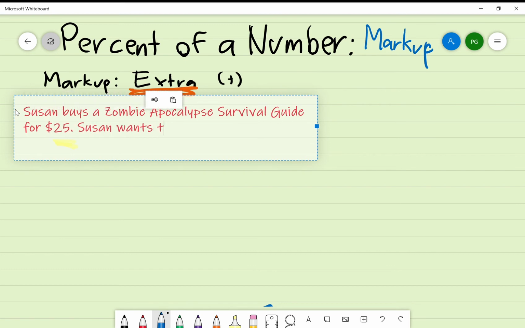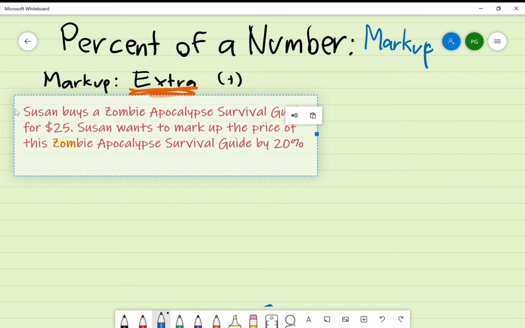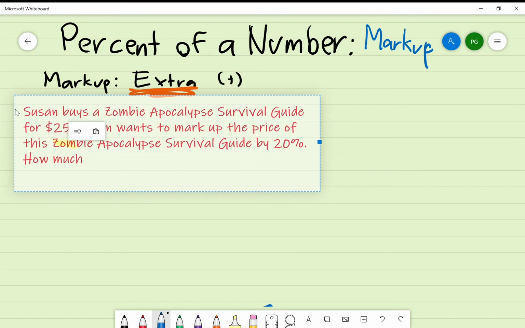Susan wants to mark up the price of this zombie apocalypse survival guide by 20%. How much will Susan mark up the price by?